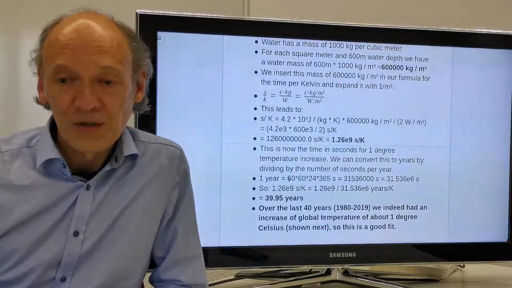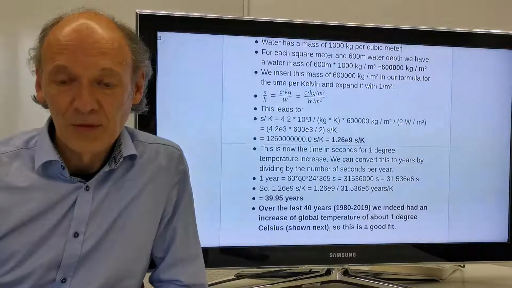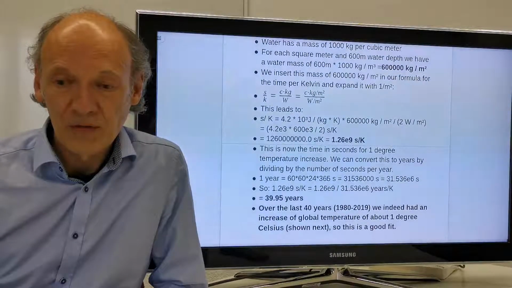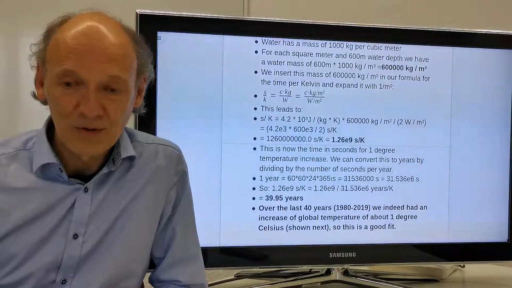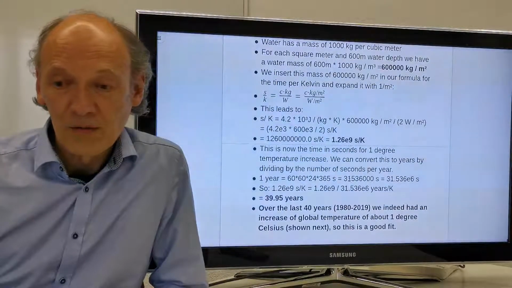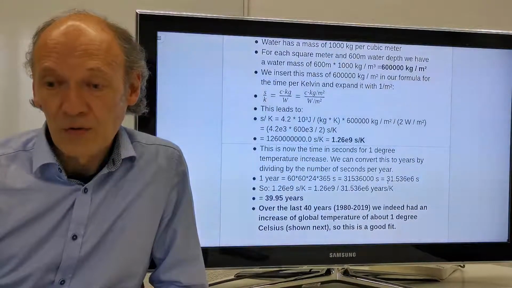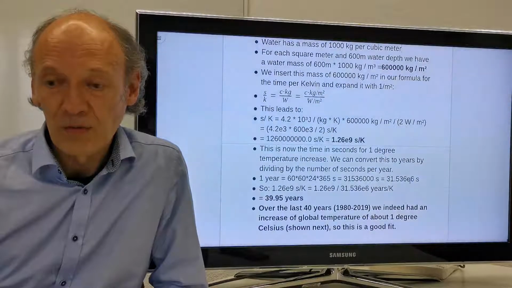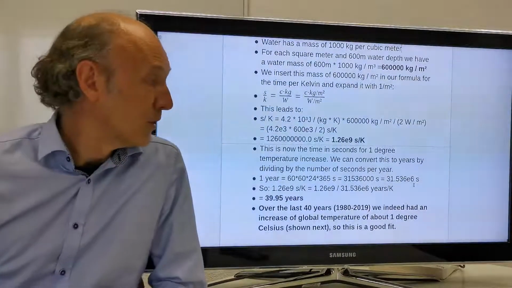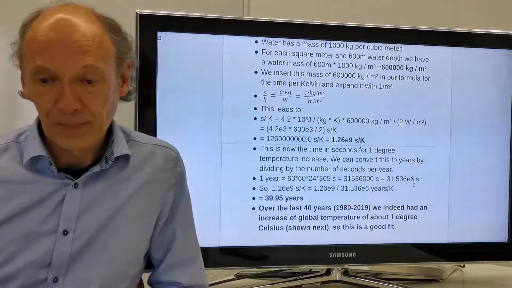So 1 year has 60 seconds times 60 minutes times 24 hours times 365 days, roughly. And that's 31.53 times 10 to the 6 seconds. So that's 31 million seconds.